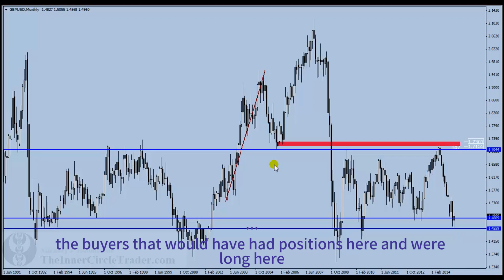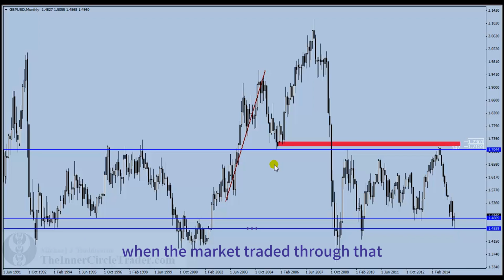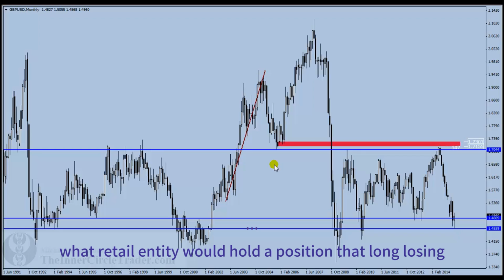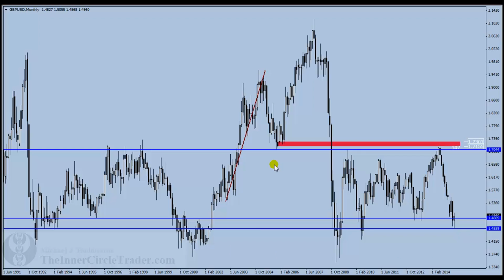I would argue none. Most of you can't even stand an hour under the water in a position before you start going crazy. But I'm going to remind you about something that the retail universe cannot grasp. Banks can hold net loss positions a lot longer than you would have yourself believe.